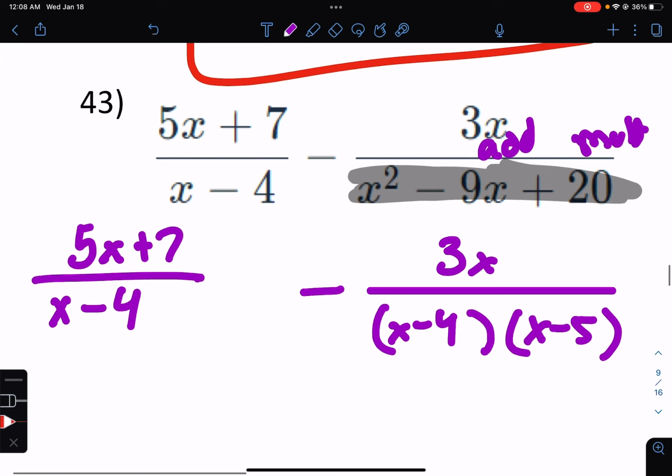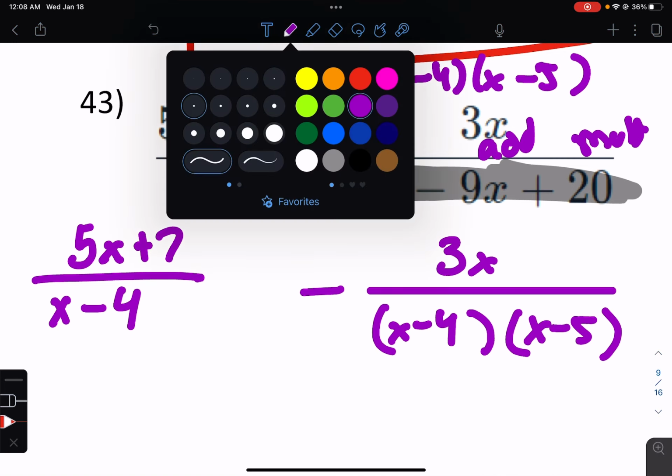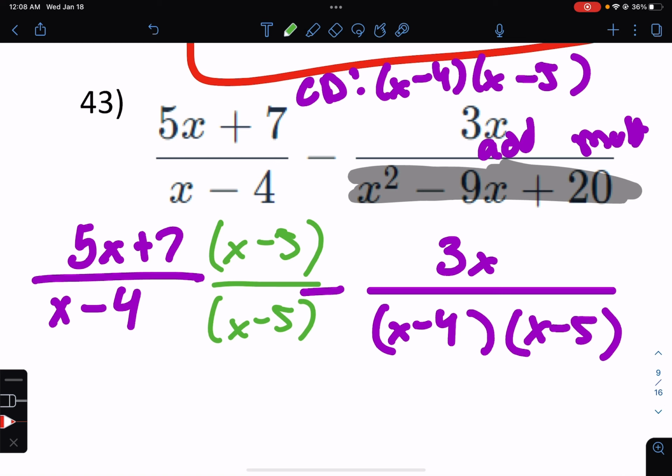So looking at this, our common denominator for number 43 is going to be x minus 4, x minus 5, right? This guy already has the x minus 4, this has the x minus 4 and x minus 5. So all we need to do here is get this guy to kind of catch up, and he needs to be multiplied by x minus 5 all over x minus 5.